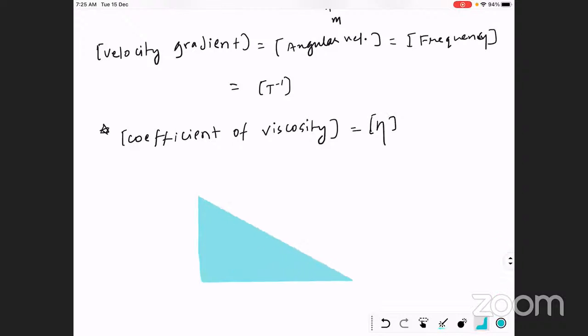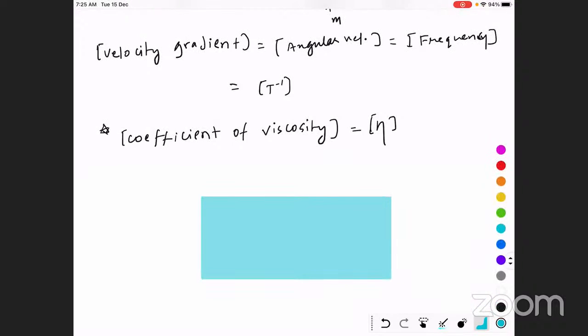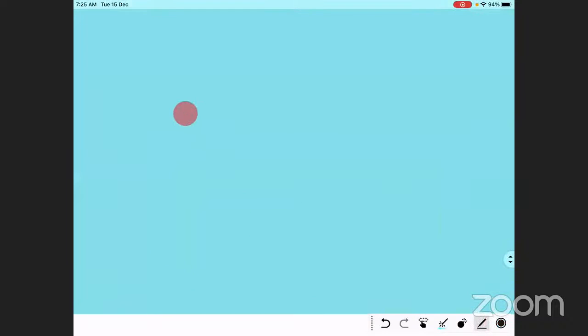For that, imagine water, and inside the water, imagine a ball. Okay? Can you see this small ball? Yes, sir. This spherical ball is moving with velocity v inside this liquid of viscosity coefficient eta.